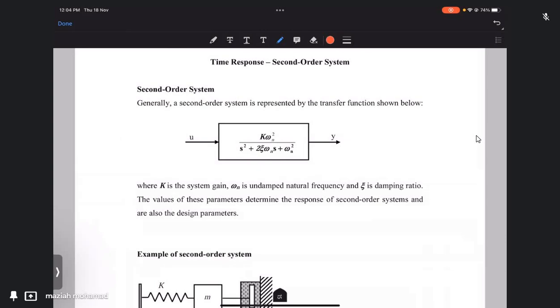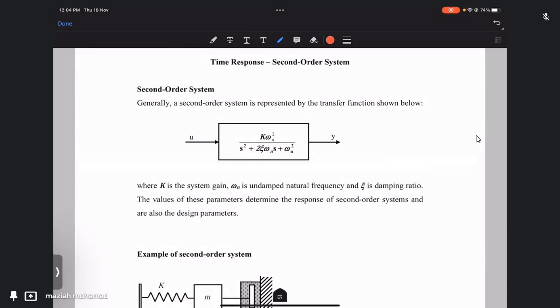So on Tuesday, we discussed first order system. We already saw the behavior of first order system. The time response equation for first order is 1 minus exponent negative t, basically, for the general equation.